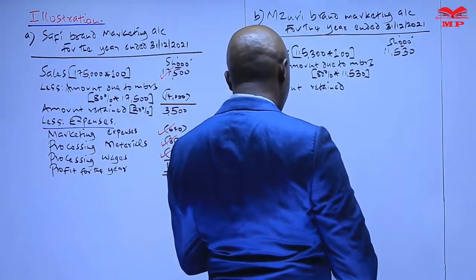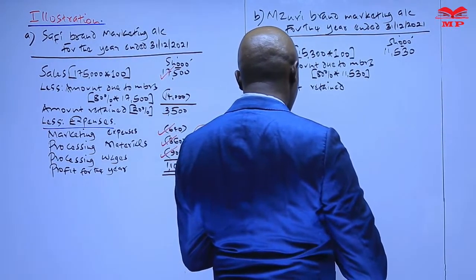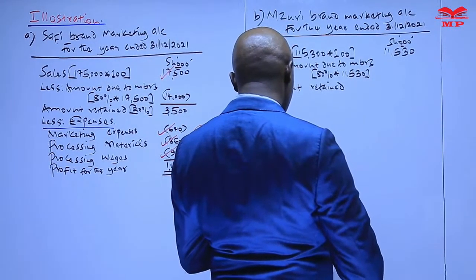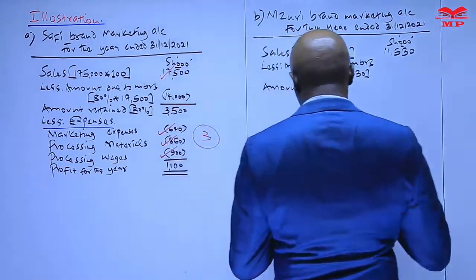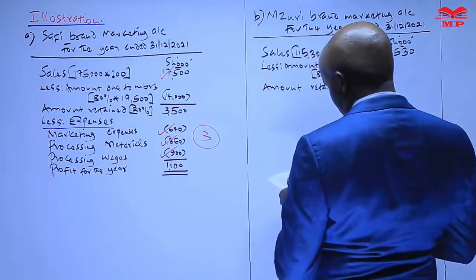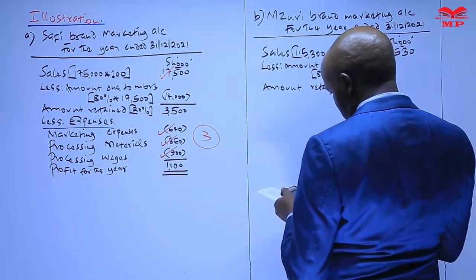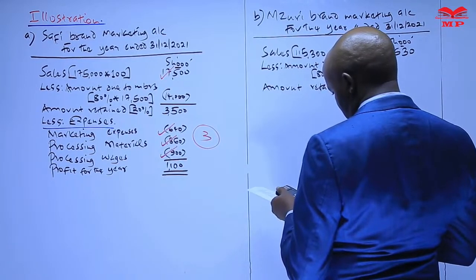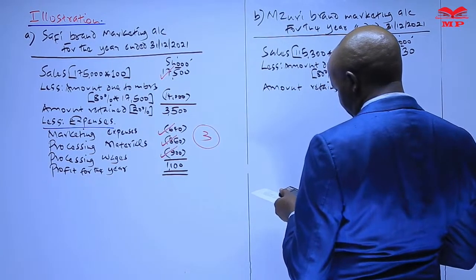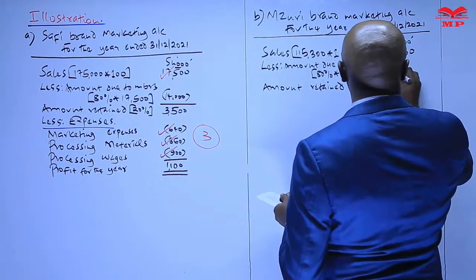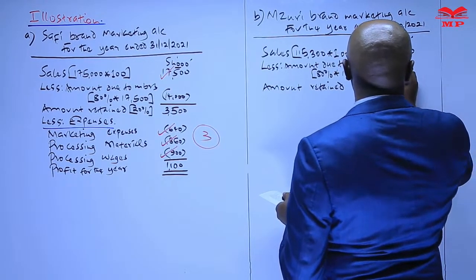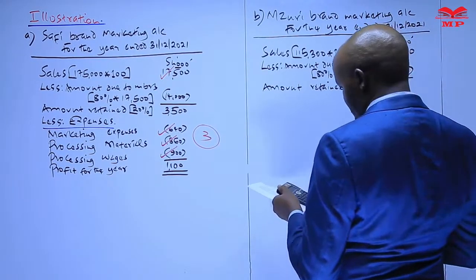So 80% of 11,530. Okay, we can take that again. 80% of 11,530. Yes, that will give us 92.24. That is the amount which was due to members.